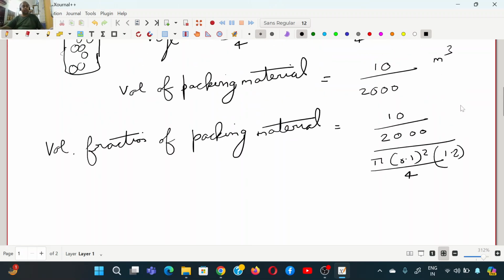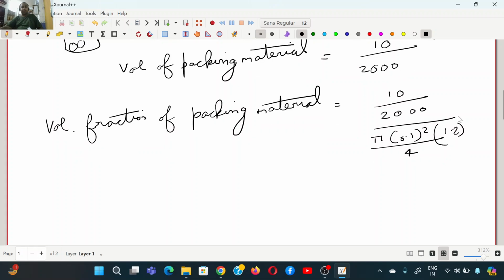If you calculate this, you get some value, say this is x. So this is the volume fraction of packing material. So the voidage will be 1 minus x.